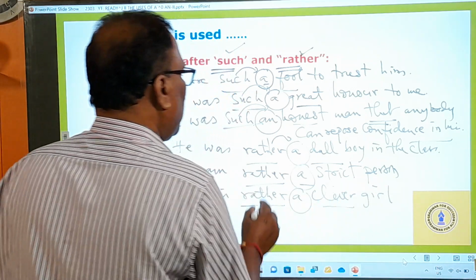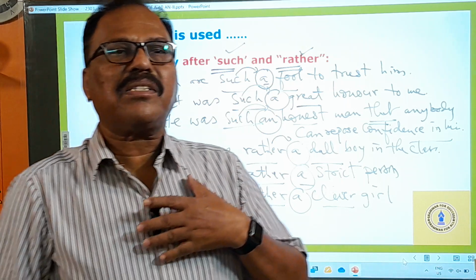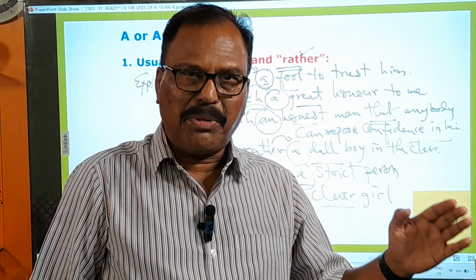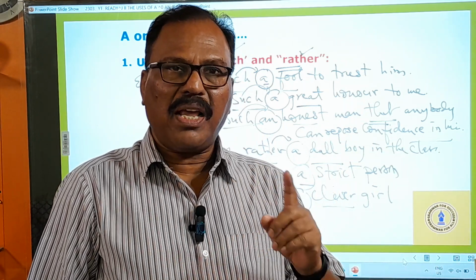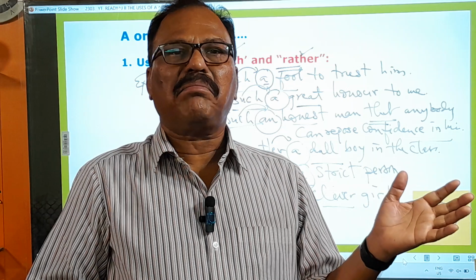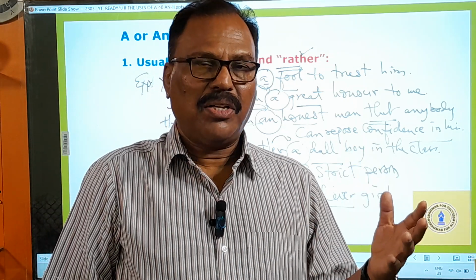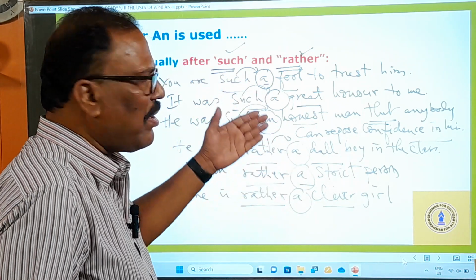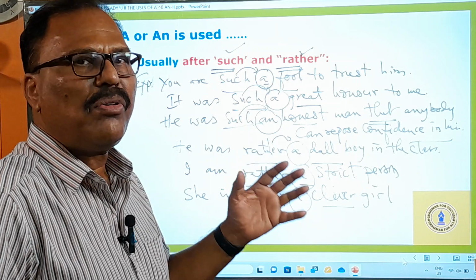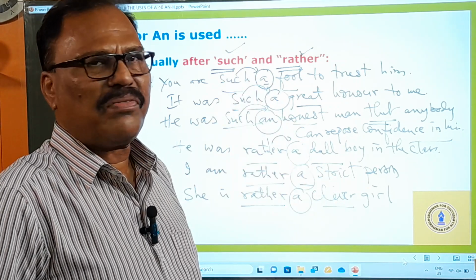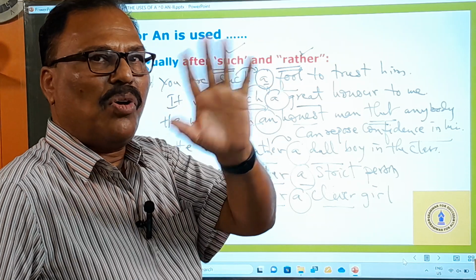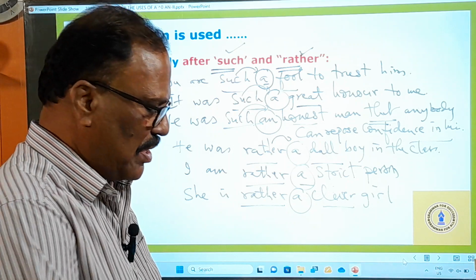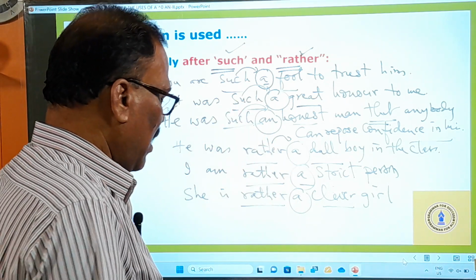In this way, besides such and rather, a or an must be used. If you don't use a or an after them, it is a grammatical error. In the examination, they will give you sentences without this a or an after such and rather, and you have to correct those sentences. Very simple. If you know the rule, no problem will be there. Whichever examination you attend, you will be successful in this. I'll give you 100% assurance.